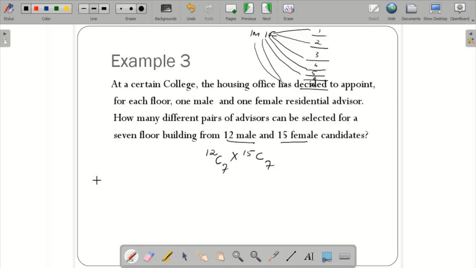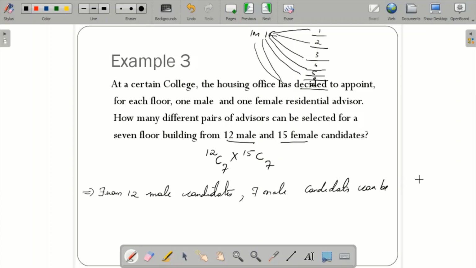So we can write: from 12 male candidates, 7 male candidates can be selected in C of 12,7 ways. Why 12,7 ways?